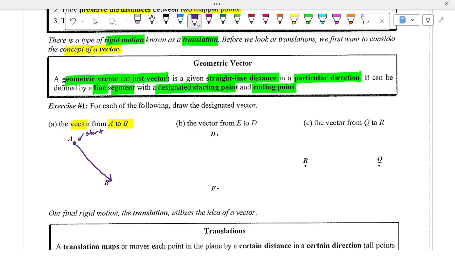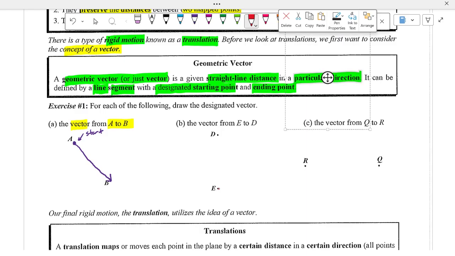Now, the reason we put the arrow is so we know what direction the line's actually going in. All right, so we're saying we start here and we end up here. So we're going in this direction. If the arrow is over here, we would be going up instead of down. All right, so that's why the arrow matters. It's talking about the direction.